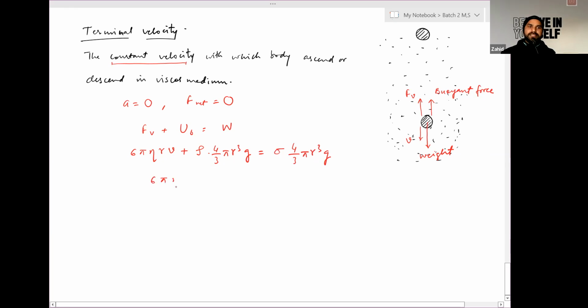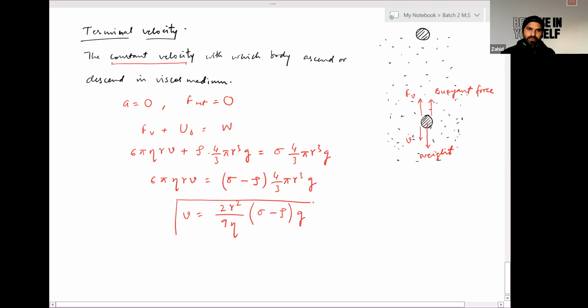So you're left with 6 pi eta r times v equals sigma minus rho times 4 by 3 pi r cube times g. Now move this 6 pi eta r to the right side. So you're left with velocity equals 2 times r square by 9 eta, bracket sigma minus rho, times g. So this will be your expression for calculating terminal velocity in terms of radius, density, and coefficient of viscosity.